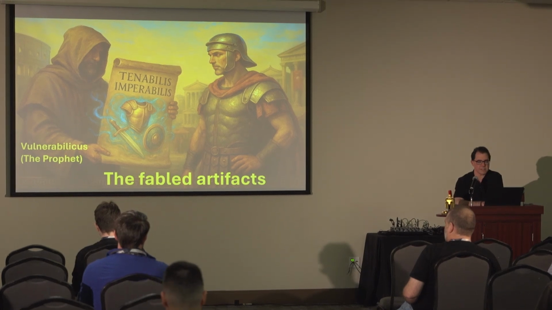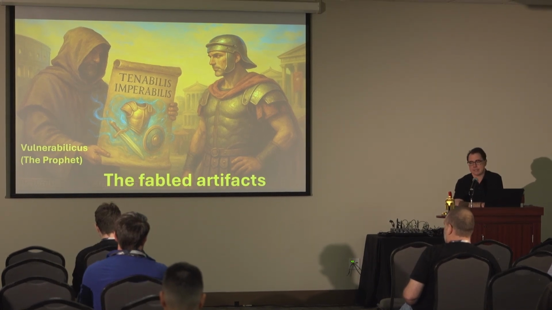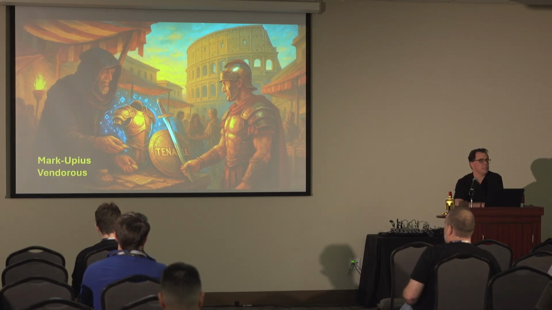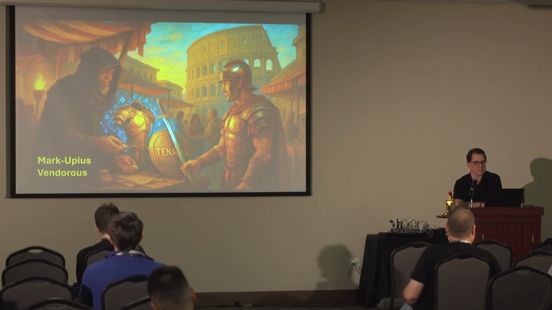So Complicus thinks this is actually a pretty good side quest. And as he starts on that, he runs into a shady merchant, Mark Appius Venderus, who sells these artifacts. Obviously, this is for a friendly daytime robbery price, bordering on astronomical, because the tools are super expensive.